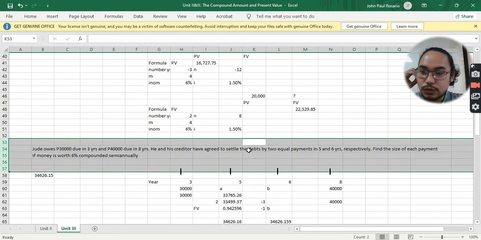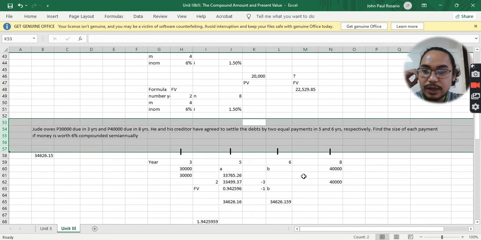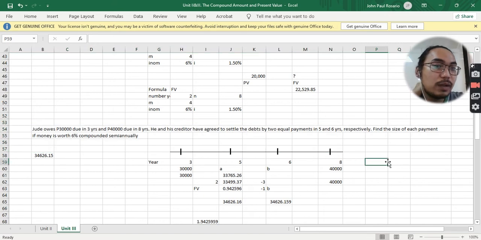Okay. So Jude owes 3,000 due in 3 years and 40,000 due in 8 years. He and his creditor have agreed to settle the debts by 2 equal payments in 5 and 6 years respectively. Find the size of each payment if money is worth 6% compounded semi-annually.